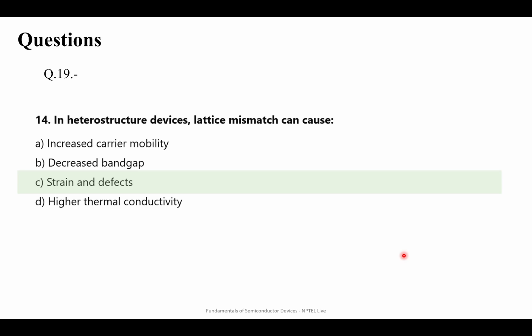If you are growing one material over another, and their lattice constants do not match, then you will have some amount of tensile or compressive strain in the materials, which will create defects also. To compensate for those stresses, your lattice may create some defects such that it may remove one layer, one line of atoms itself. There are multiple types of defects that can be caused by lattice mismatch.